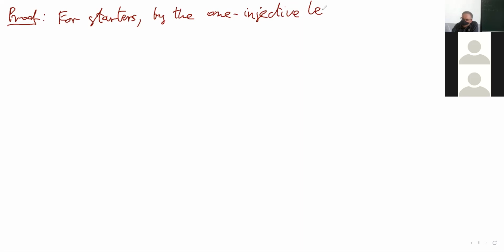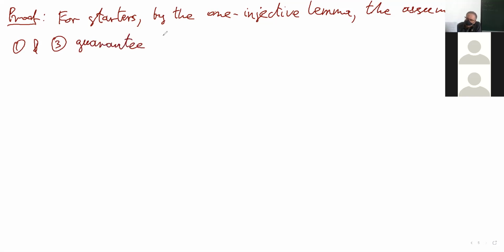Okay. By the one injective lemma, the assumptions, in fact, 1 and 3, guarantee that the push-out diagram, I mean, obviously, it's a push-out diagram in the category of graphs and graph homomorphisms.